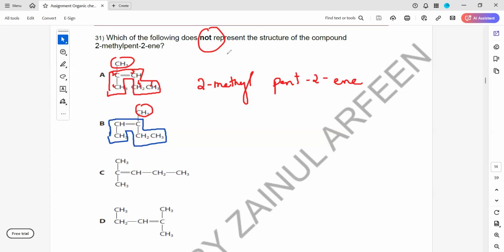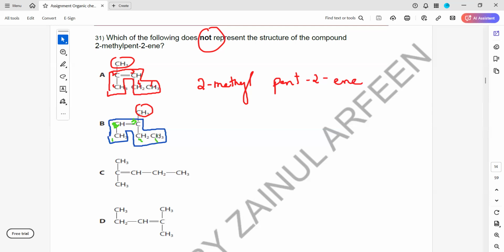Now I will count from here, because the double bond is a priority group for us. If I count from here, 1, 2, 3, at the third position I will have a branch and a double bond. But if I count from the other end, 1, 2, at the second position the double bond is a priority group, because it affects the chemical properties.